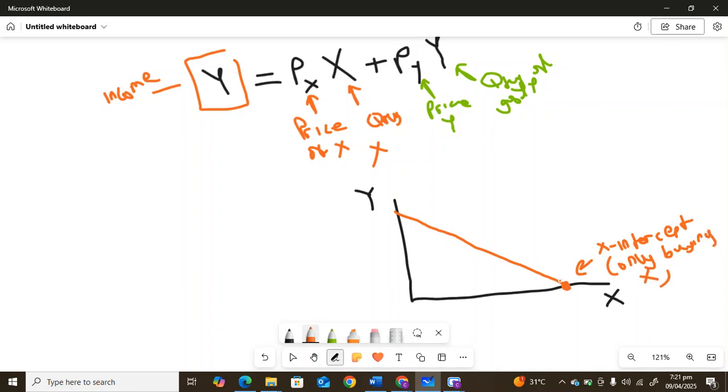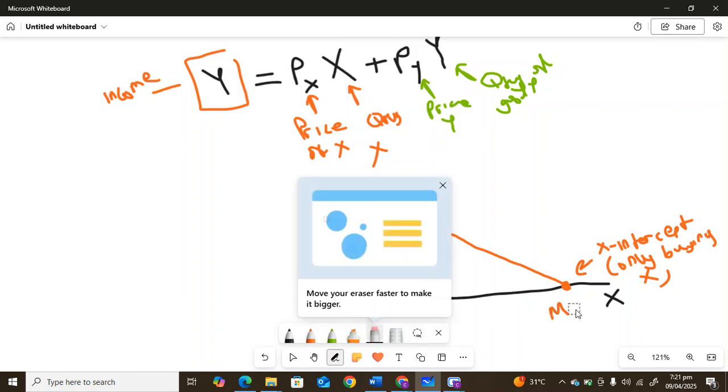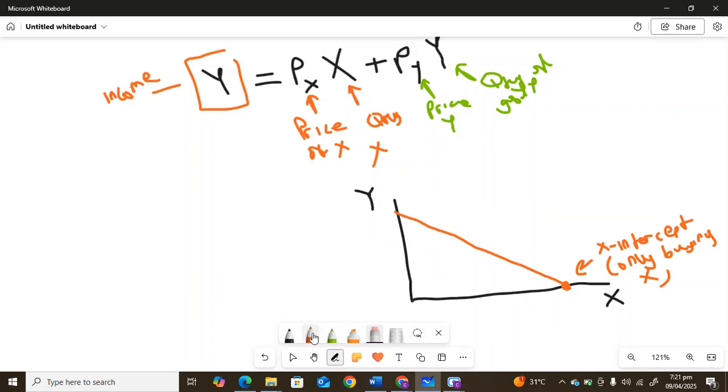And how you find your x-intercept is this formula: Y, which is your income, over the price of good X. The x-intercept just represents when you're buying only good X.